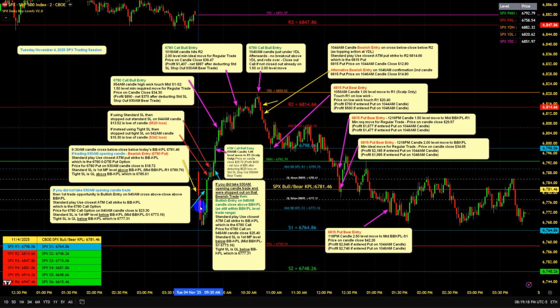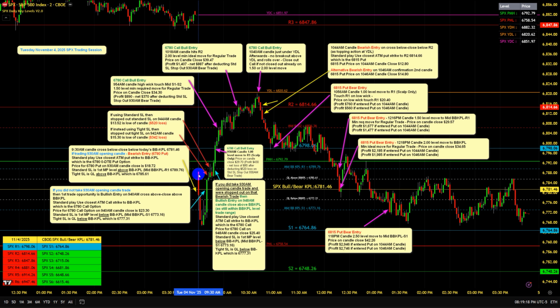So you have some pretty wild action here on the open, because with such a significant gap down you have people jockeying for position. And so it's important to wait to see where the close is and not just jump in early intra-candle, especially on the opening candle.